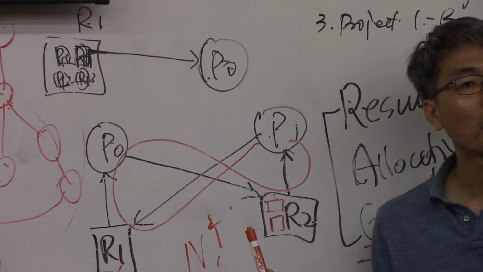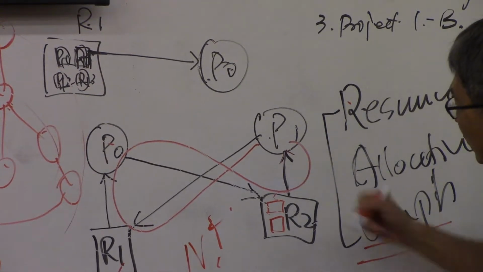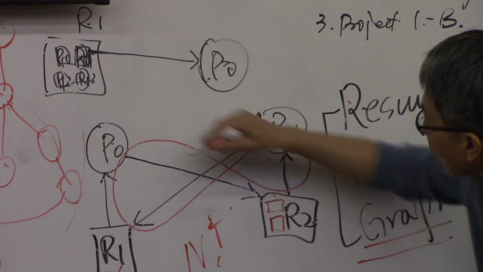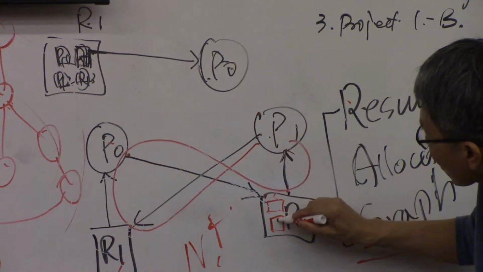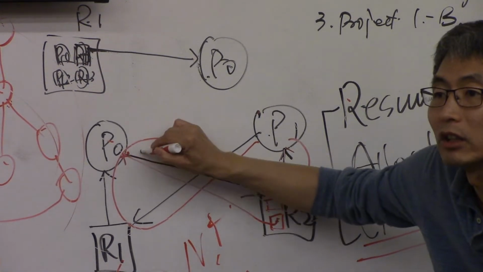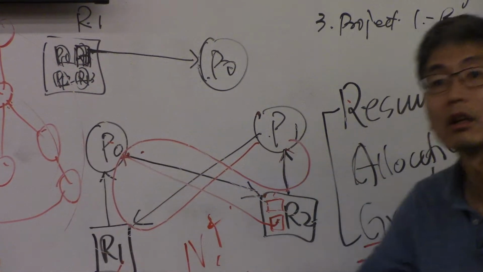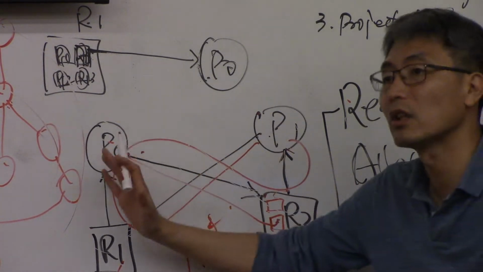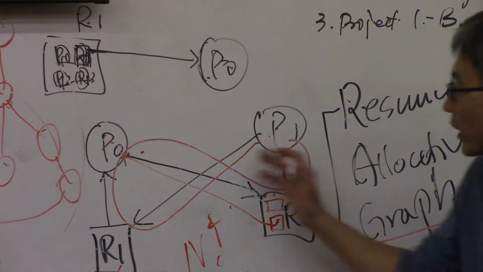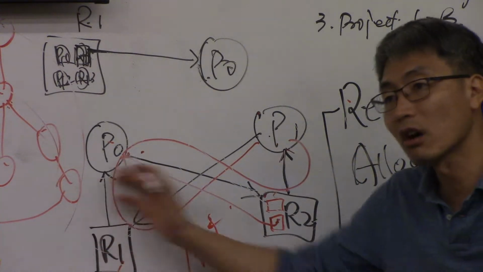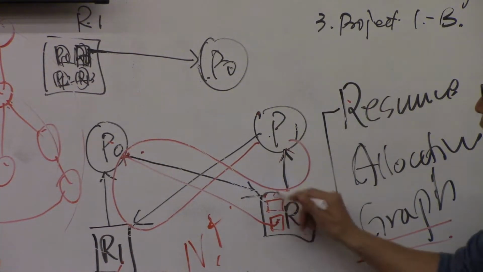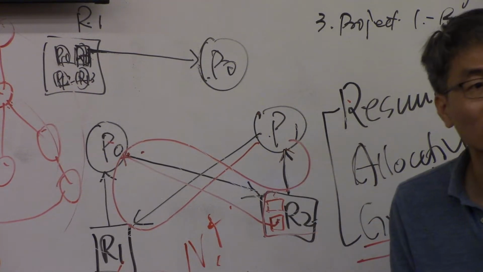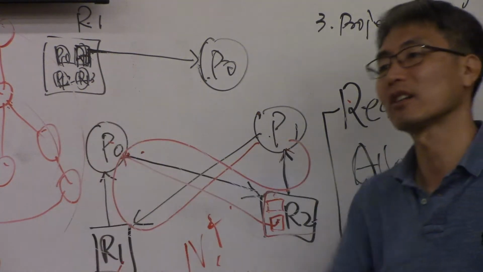What if this one is P1? When P0 requests the resource, this one can be allocated, so it will be completed. All the process requests will be completed. Even though there exists a circle, in the case of multiple instances, sometimes it's not a deadlock situation.